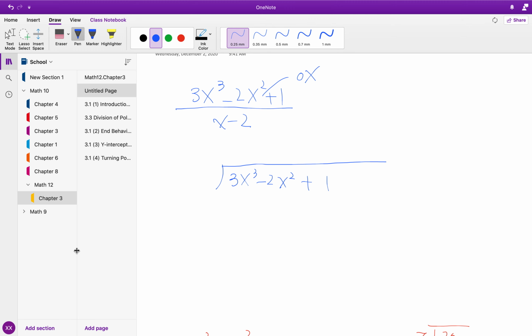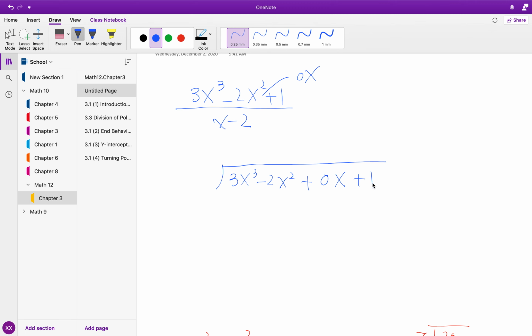So in that case, to not get confused about this missing term, let's put this in. Later on, when you become very fluent, you don't have to put this in. But in any case, let's say plus 0x and plus 1.